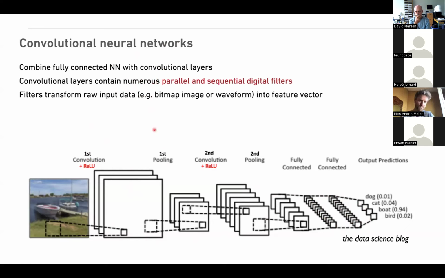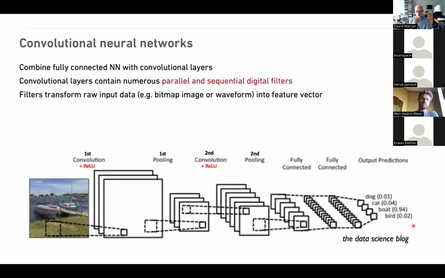These filters transform some raw input data, for example, a bitmap image or a seismic waveform, into a feature vector. It's this feature vector that is then fed into the standard neural network that makes, in this case, an image classification. This is an algorithm from computer vision that would take a photograph of something and classify if there's a dog, a cat, a boat, or a bird in this picture.